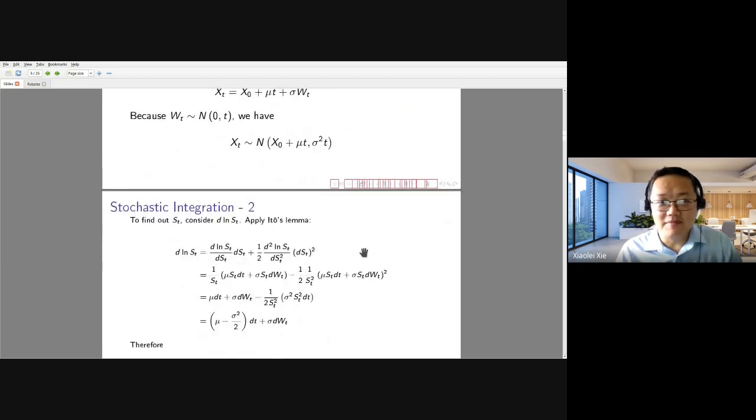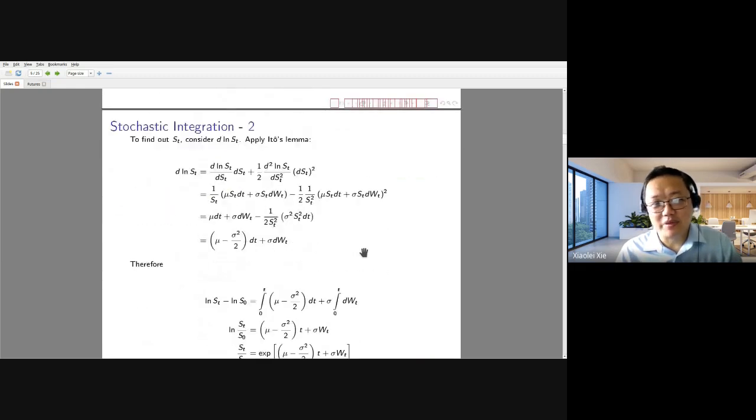Okay. Then now we would like to really look at this model of the stock price itself. Then we need a little bit of a trick to find out the solution for the stock price. So instead of considering the stock price itself, we would like to consider the differential of its logarithm.